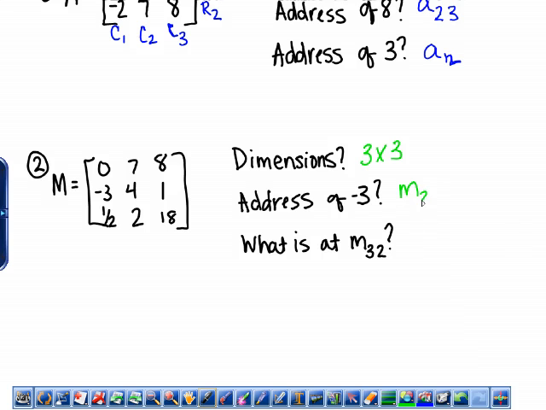M, 2, 1. Row, then column. This is in row 2, column 1. Okay? What is at M sub 3, 2? 2. Good. Third row, second column. Okay?